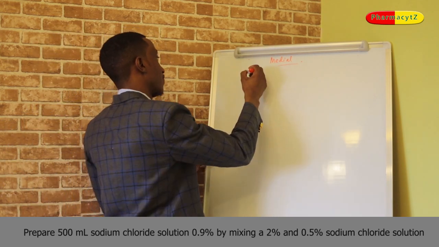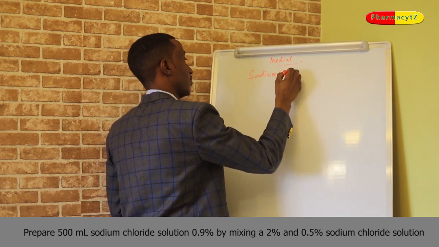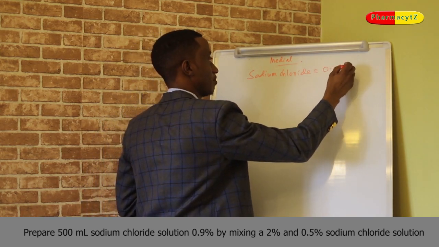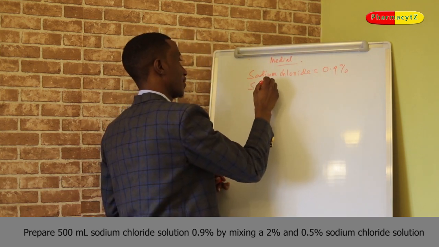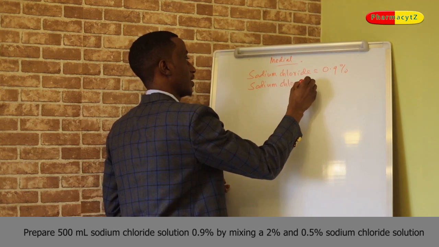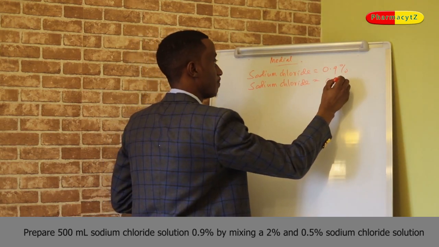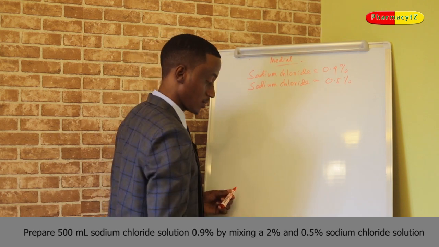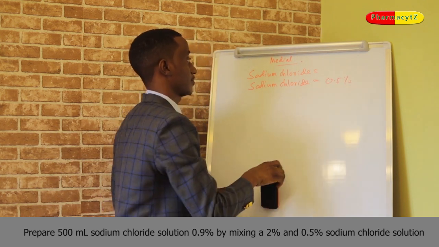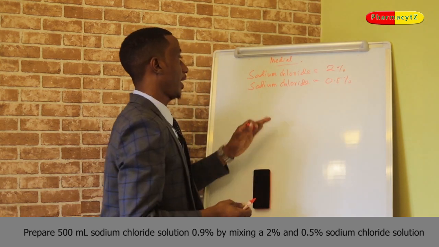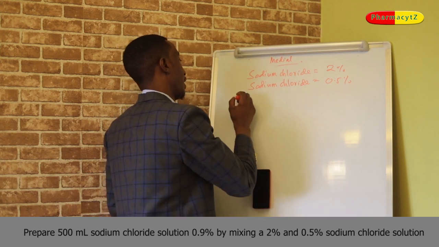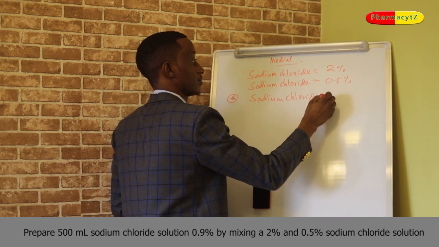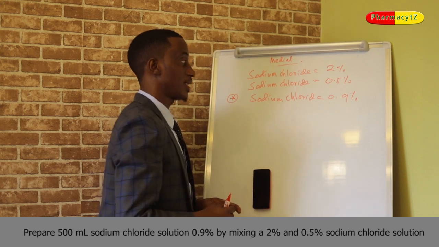What are these? We have a 2% sodium chloride and a 0.5% sodium chloride, but we require a third sodium chloride, which is of a 0.9%.